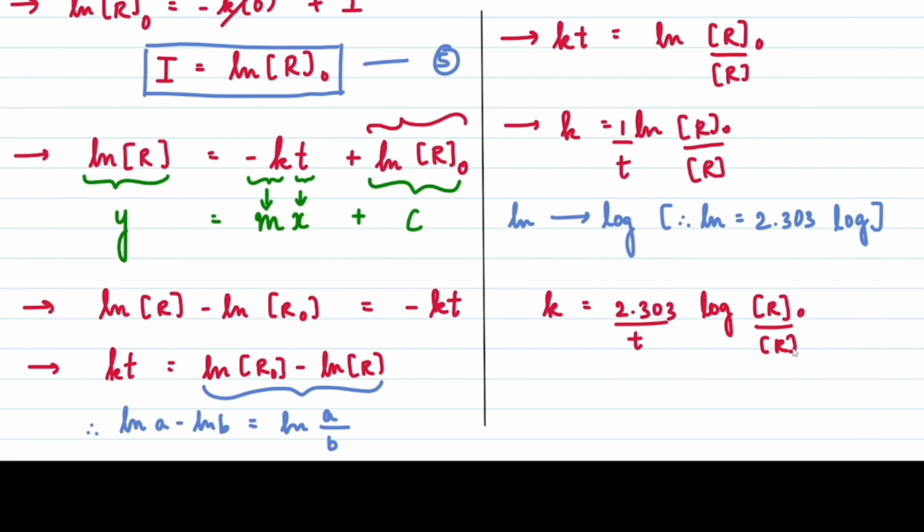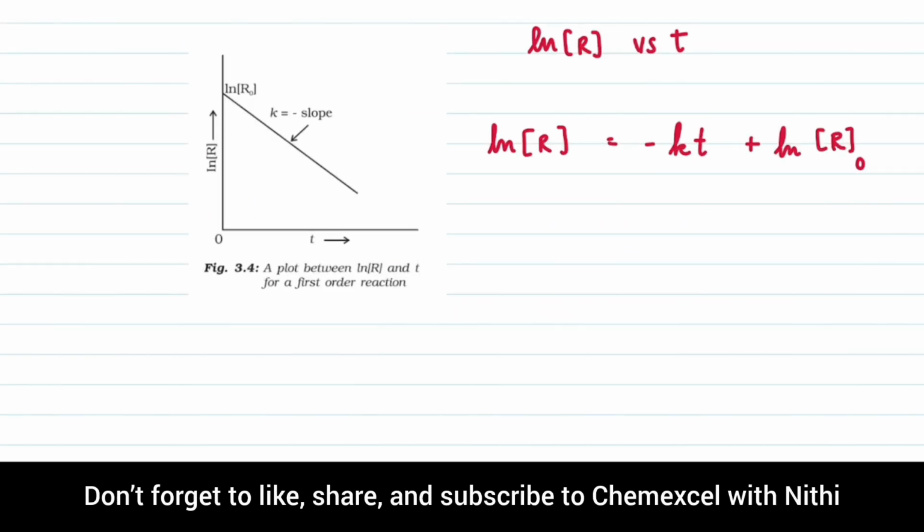So students, this equation is the integrated rate equation for the first order reaction. From this we understood that the rate of the first order reaction depends on the initial concentration of the reactant.